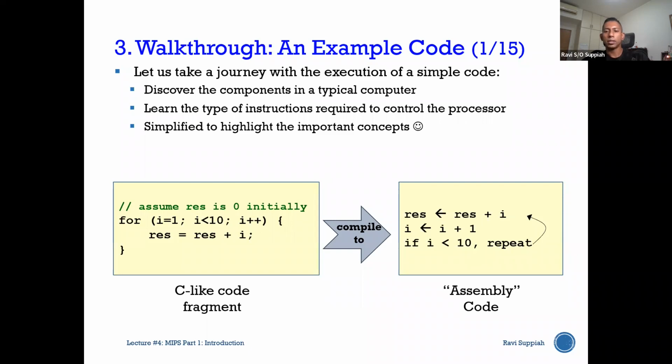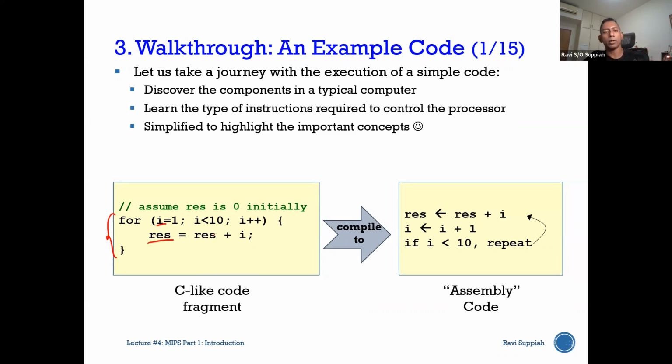All right, so now let's look at this example code over here to understand the interpretation of higher level code to assembly language code. Over here, you have a very simple loop in C, which we know. This loop has two variables, i and result, and I'm running the loop 10 times.